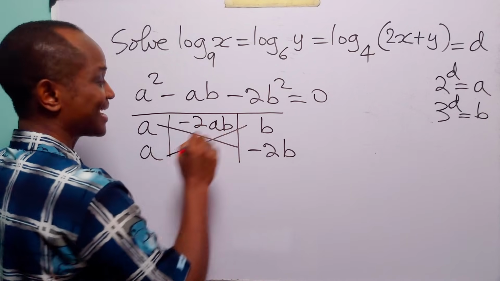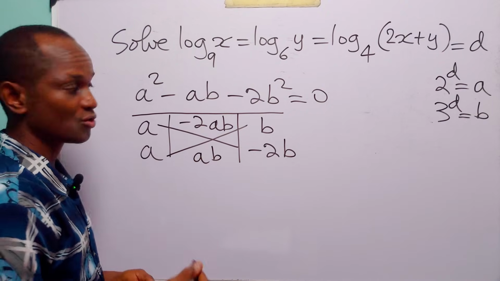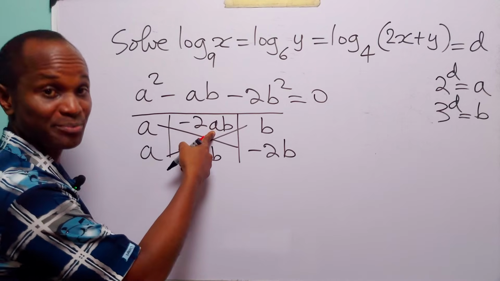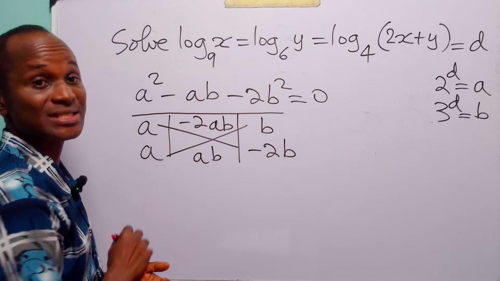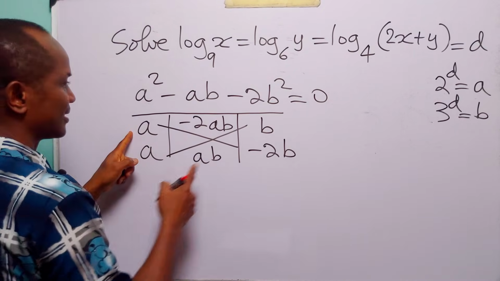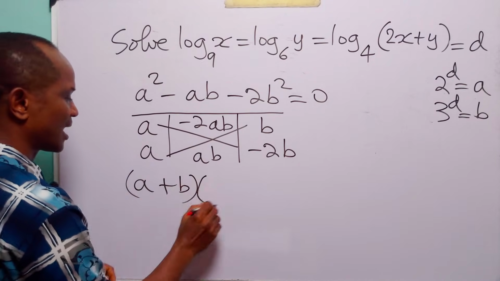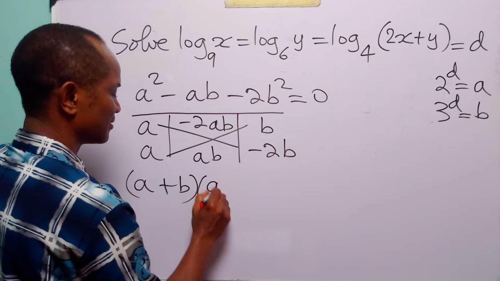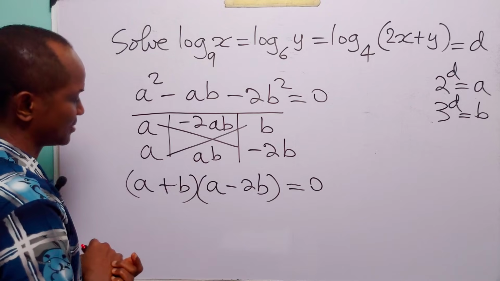And when you multiply a by b, you get ab. And minus 2ab plus ab is going to give us minus ab. So we have that the factors of this equation are a plus b and a minus 2b. And of course, this is equal to 0.